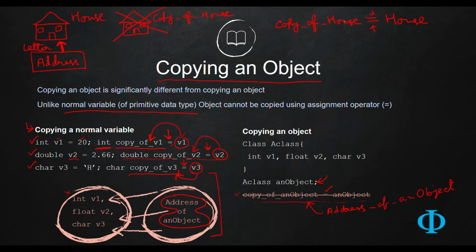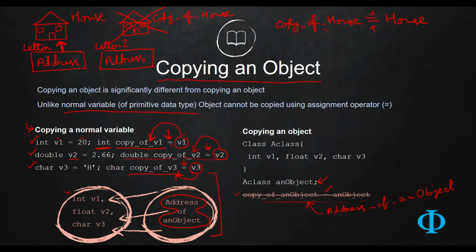What happens is it basically just copies the address somewhere else. Instead of making an entirely separate replica of the house, it copies the address into some other letter, let's say letter 2.